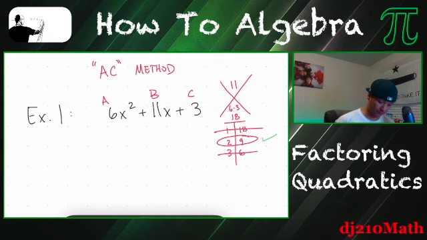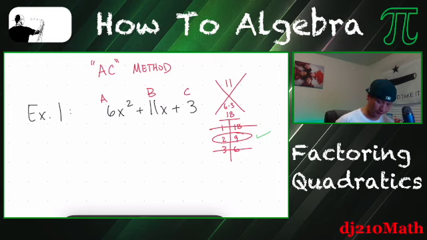So from here, we're going to split the middle term, this 11x, in such a way that this is going to work. So watch. 2x plus 9x, right, 2x plus 9x equals 11x. Now you may say, okay, well, I can make 11 an unlimited amount of ways: 10 and 1, 8 and 3, 5 and 6.